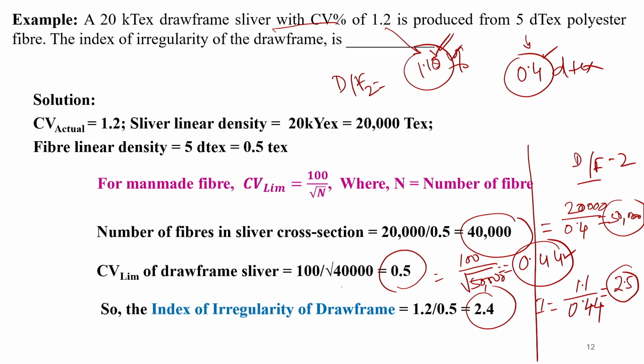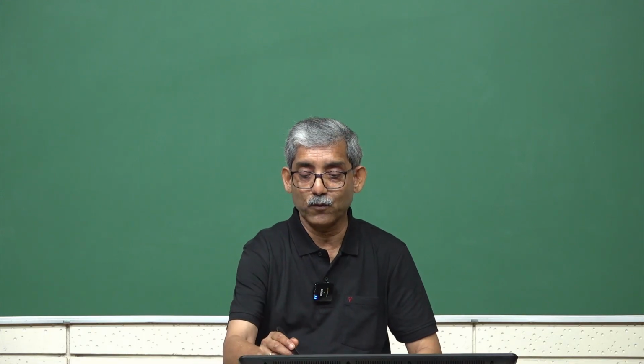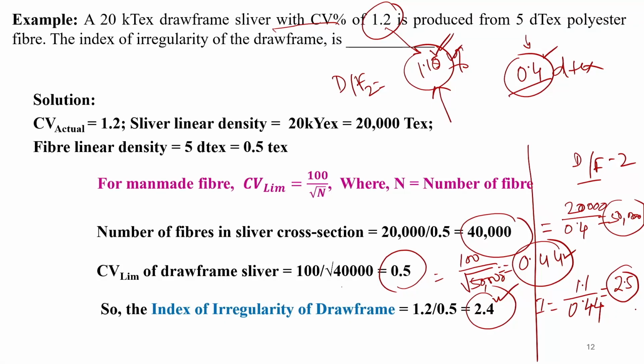So, earlier it was 2.4 which was producing 1.2 CV percent, but here although this draw frame 2 is producing 1.1 CV percent, still we cannot tell its performance is good, because here we are using a finer fiber which is 0.4 decitex, and its index of irregularity is 2.5. In earlier case it was 2.4.